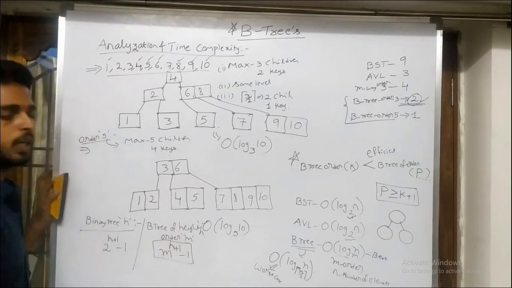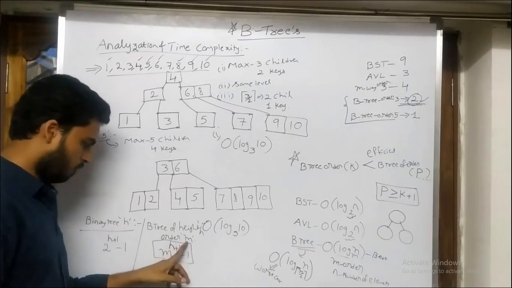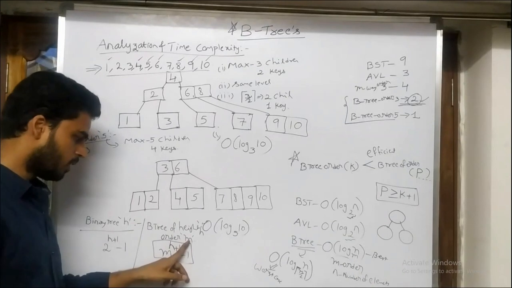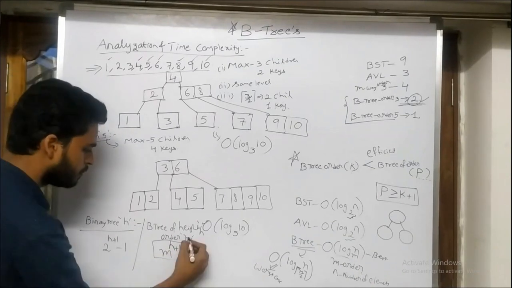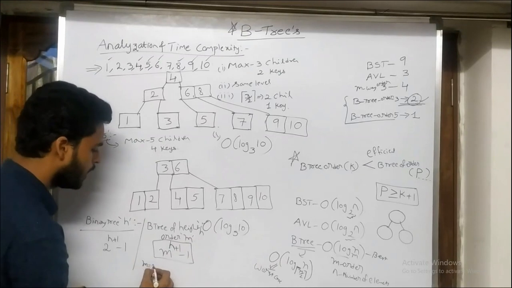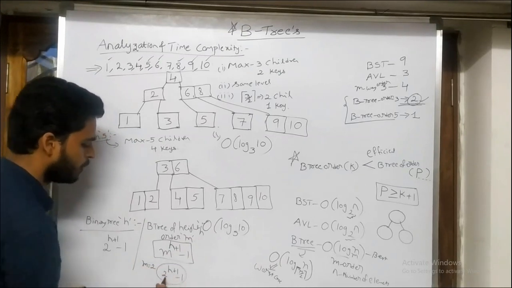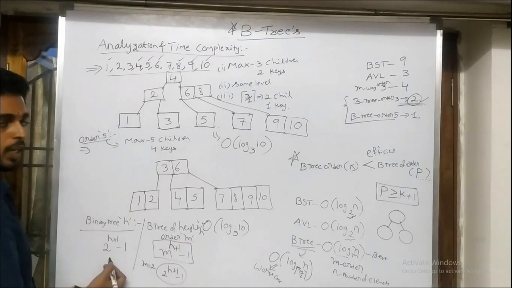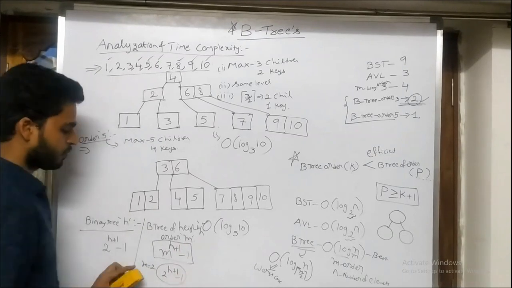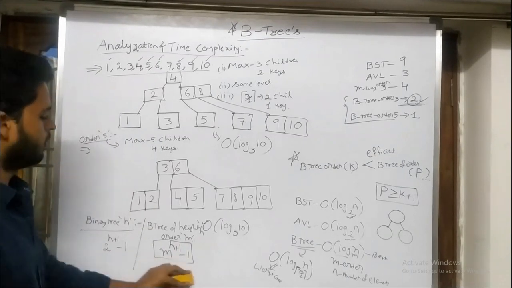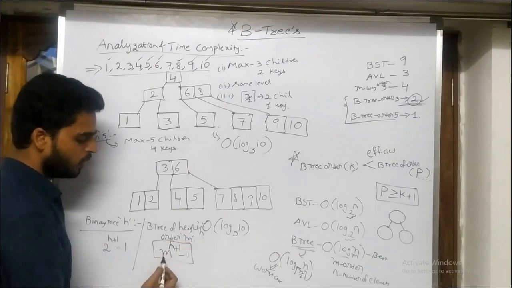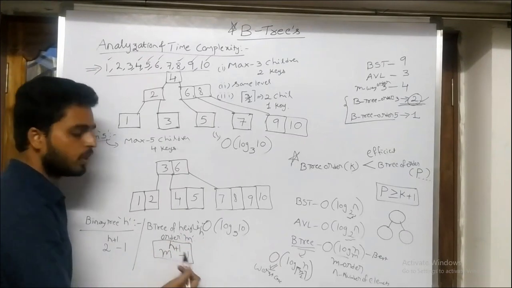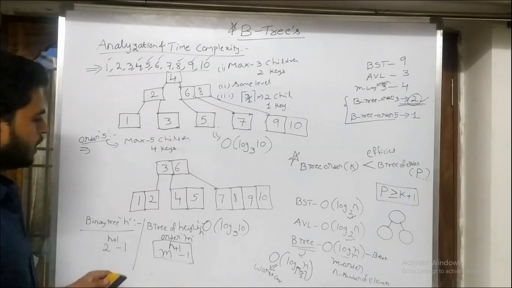What I said, if order m is 2, it can act as a binary search tree. If we substitute m value 2 here, it is 2 power h plus 1 minus 1, or not? In the binary search tree I can store only 2 power h plus 1 minus 1. I mean, if a B tree of height h and order m, it can allow a maximum of m power h plus 1 minus 1.